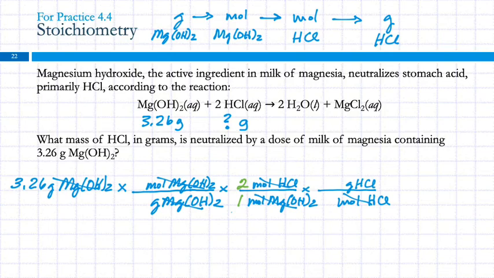So for the magnesium hydroxide, magnesium is 24.31. And then I have 2 OHs, so that's 2 oxygens and 2 hydrogens. That gives 58.326.